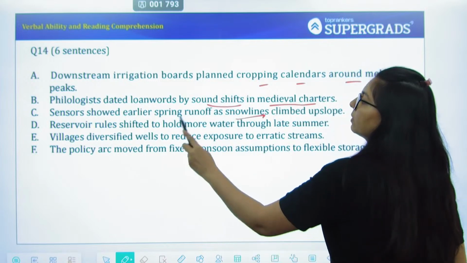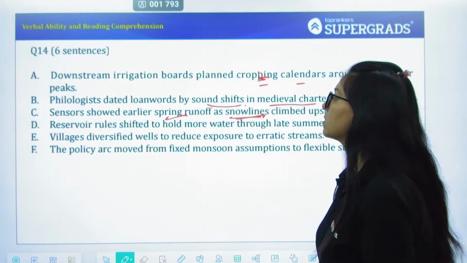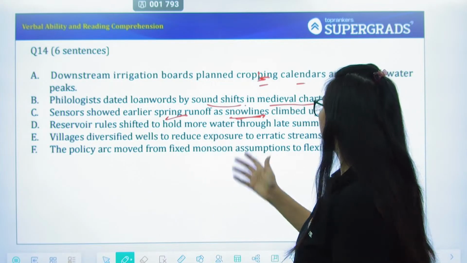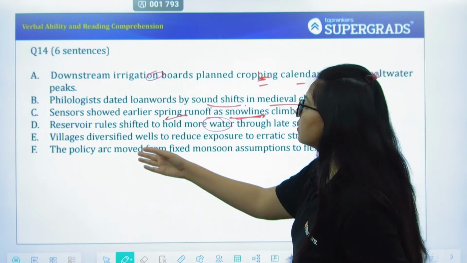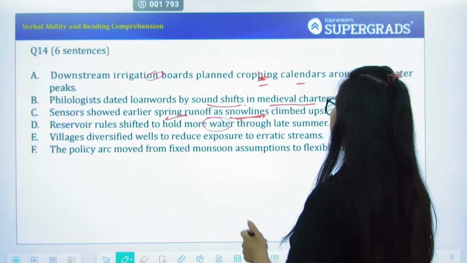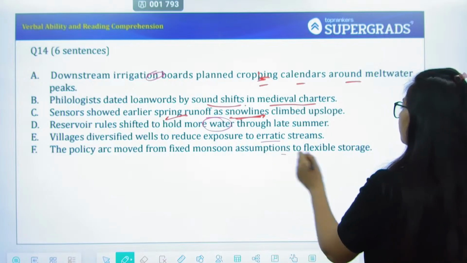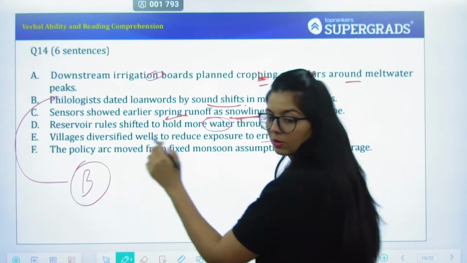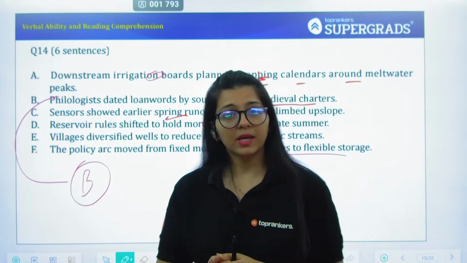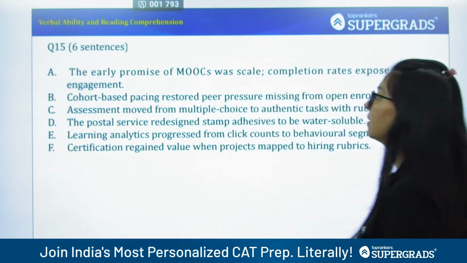Okay, now this is still about the spring and the snow line, so pretty much in rhyme with the first, but definitely not this. Reservoir rules shifted to hold more water. Okay, now that's again about the irrigation. Makes sense. Villages diversified wells to reduce exposure to erratic streams. The policy moved from fixed monsoon assumptions to flexible storage. So I think we now know clearly the odd sentence will have to be B for us. Excellent job there, guys. Let's get on to the next one, please.